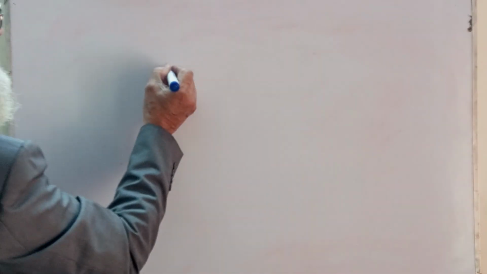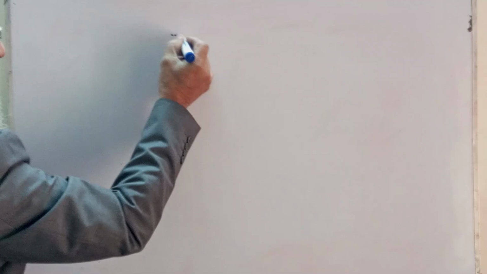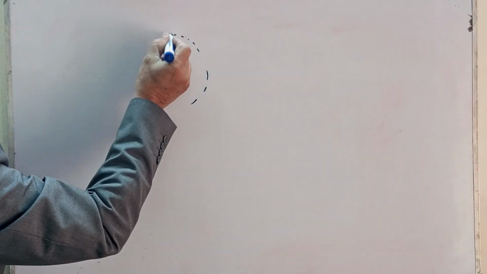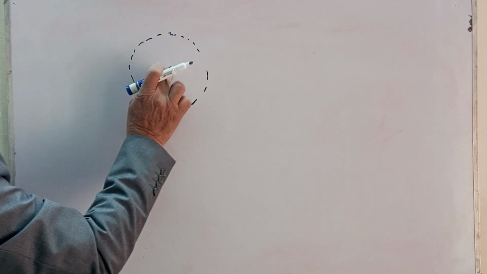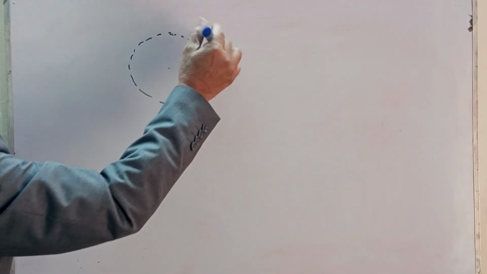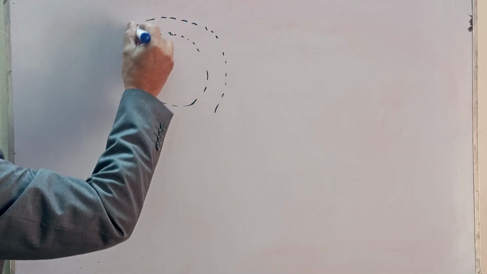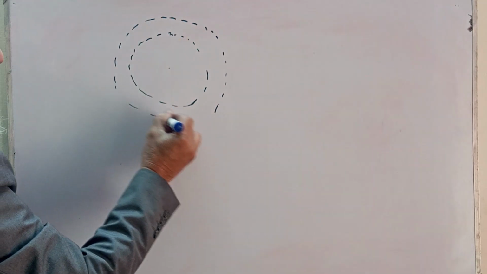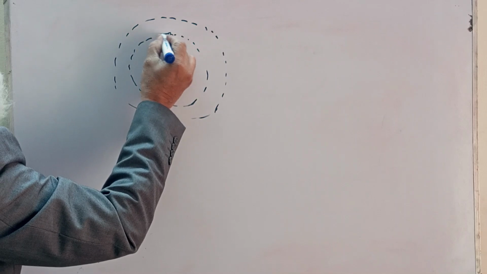Like this, if this is the center of the circle, and with this center you are drawing this circle, this is one circle. Then you draw another circle with the same center, that will be a concentric circle.